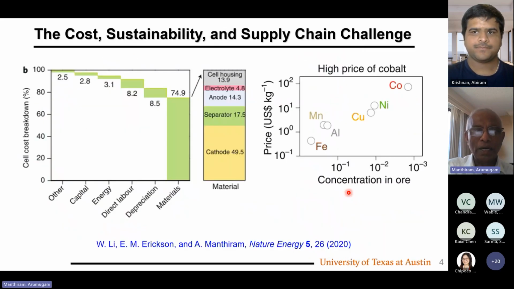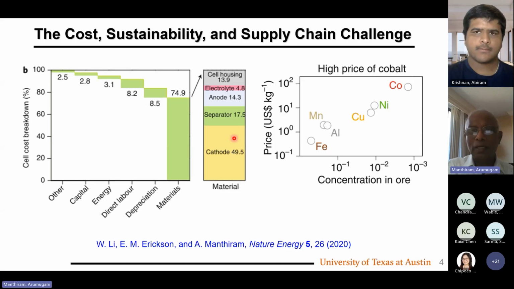So when I say cost, in the battery we use a lot of different stuff, as you see here. In the overall battery, 75% is materials cost. In that, 75% is the cathode cost, that is the positive electrode cost. And the positive electrodes also determine the cell voltage and the cell energy density.